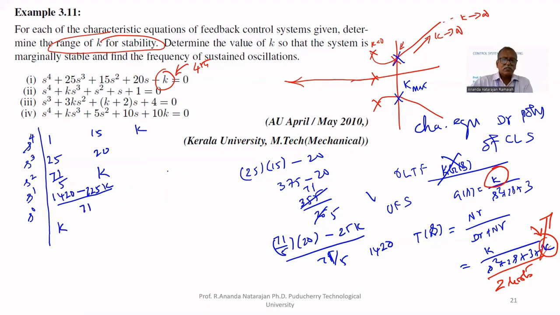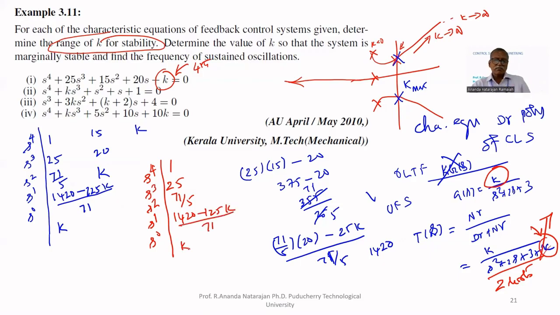So what are the first column elements? I am writing the first column elements again: for s power 4, s cube, s square, s power 1, s power 0, they are 1, 25, 71 by 5, (1420 minus 125k) upon 71, and k. These must all be positive for a stable system.